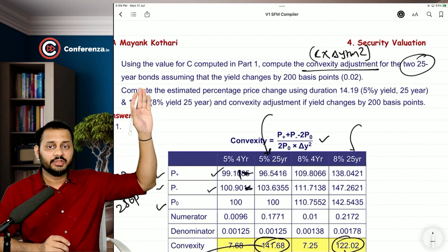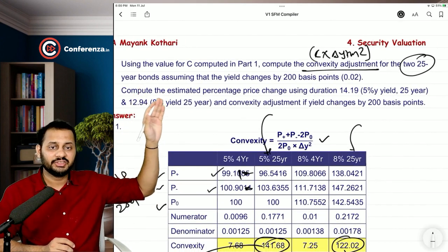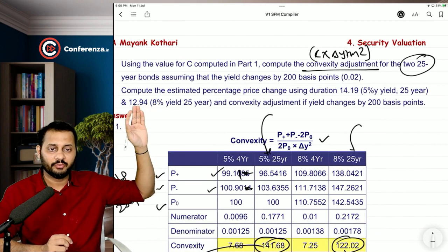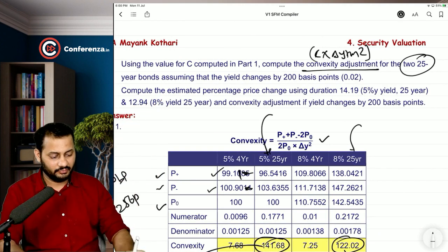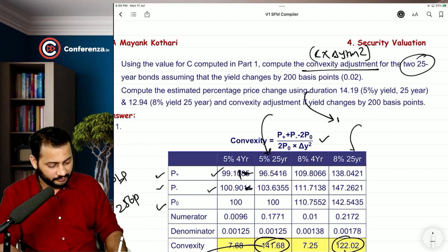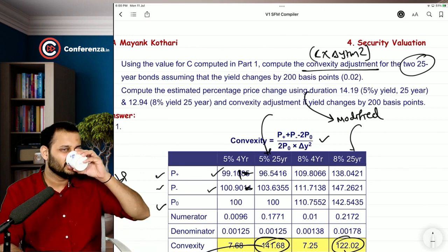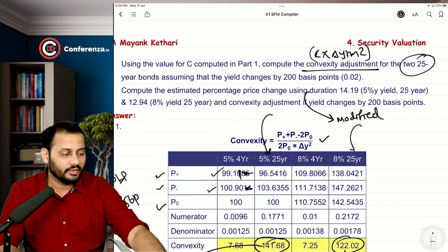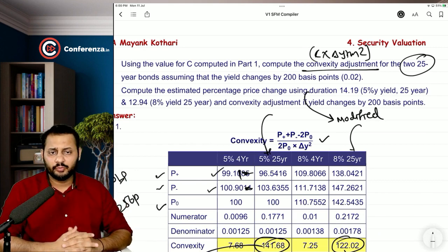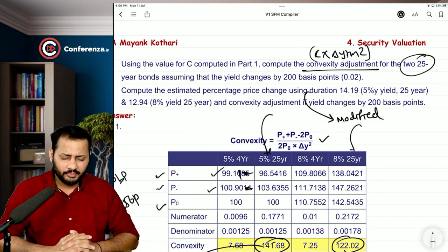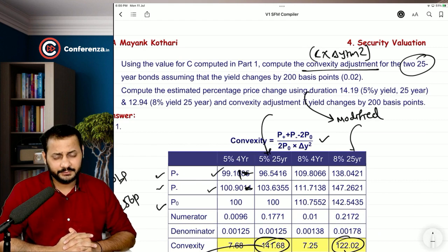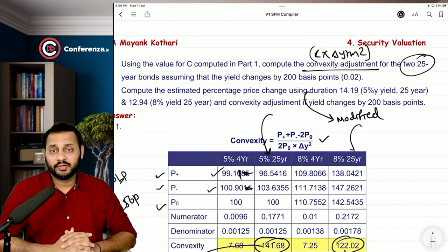Now compute the estimated percentage price change using duration of 14.19 and 12.94. What do they mean by this duration? Please mark it there, modified duration. They wanted to say modified duration. How did I know? You may call it a mistake in the question, but as they used it in the answer, they used it in place of modified duration.